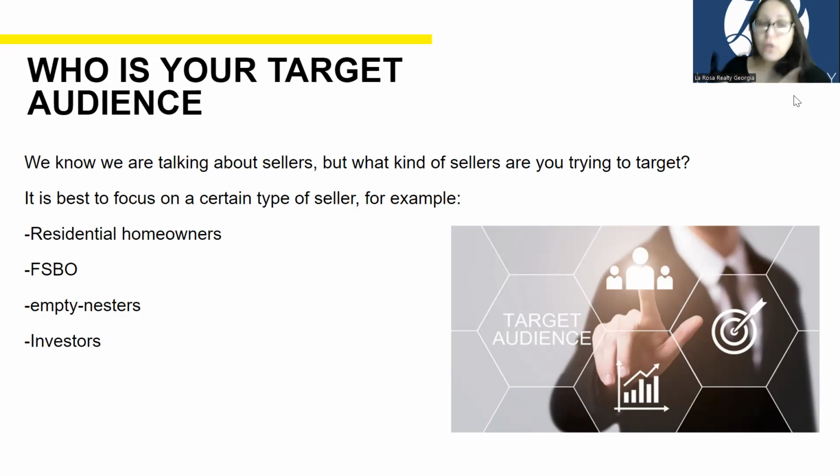Another type of owners are empty nesters, people that raised children, those children have gotten married, they left the house. Now the parents are left in a huge empty house and they want to downsize to a smaller house.